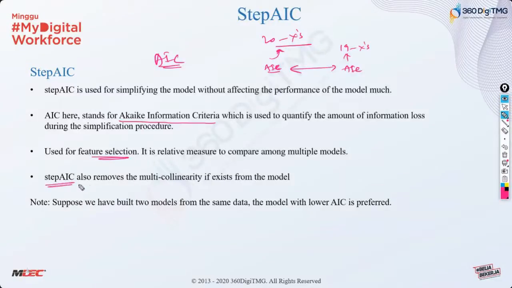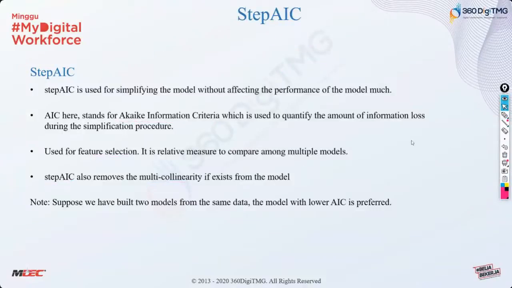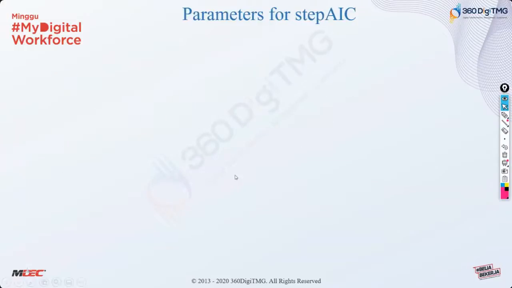And step AIC internally verifies the multi-collinearity problem and eliminates those values. So it does that internally. It calculates the AIC for each and every model, each and every calculation that we are doing, and then it gives us the best results. So we iteratively do that.